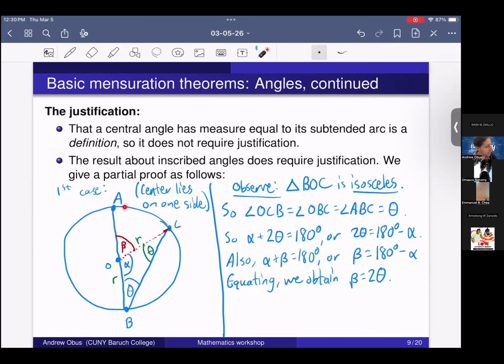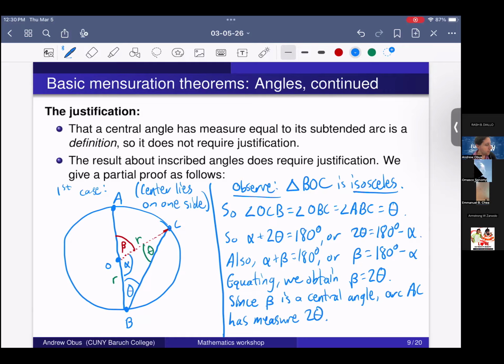So what this tells us is that if beta is the central angle, that means that the measure of arc AC is also beta, because beta is a central angle. So we have that arc AC has measure 2 theta. And well, this proves the theorem.